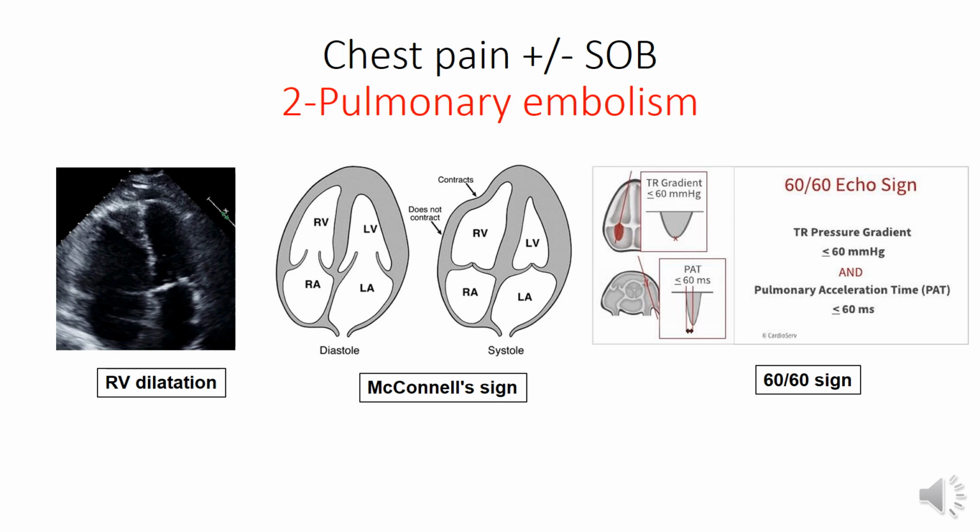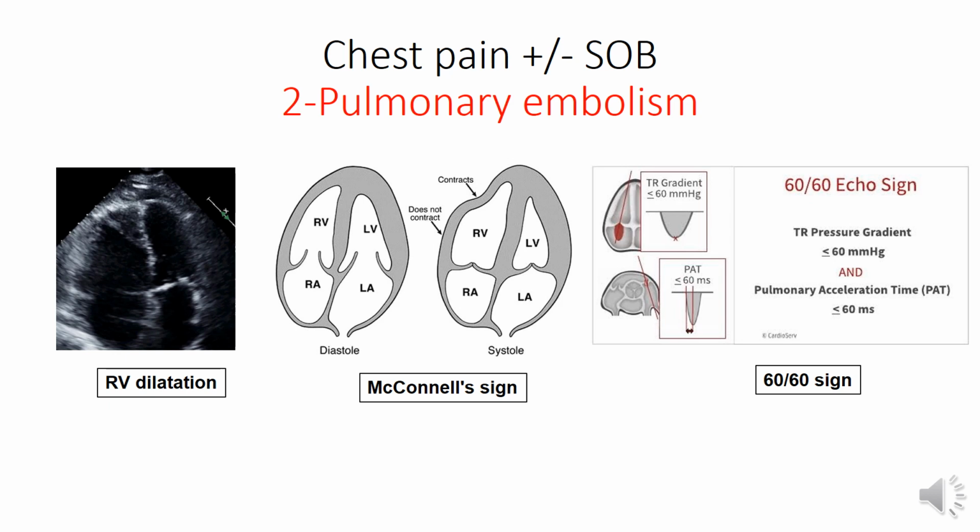Simply, you put the color box at the tricuspid valve and then press the continuous wave Doppler button. You will get this shape which represents the flow across the tricuspid valve, and the direction of the wave represents the direction of the flow, so it is the tricuspid regurgitation flow.